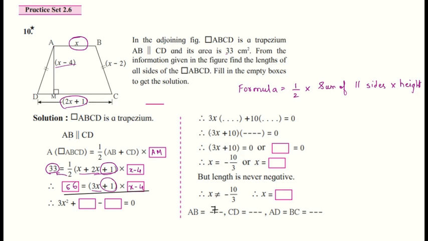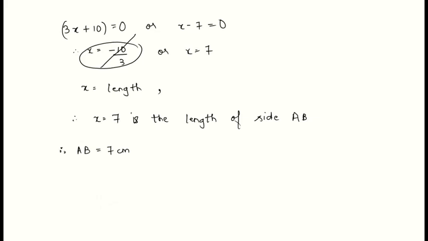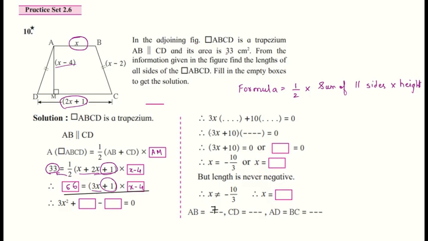Now calculate BC, x minus 2. What is BC? x minus 2, where x is 7, minus 2 is 5. BC is 5. Let us write it down here.